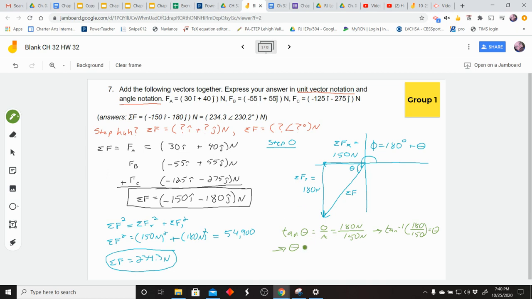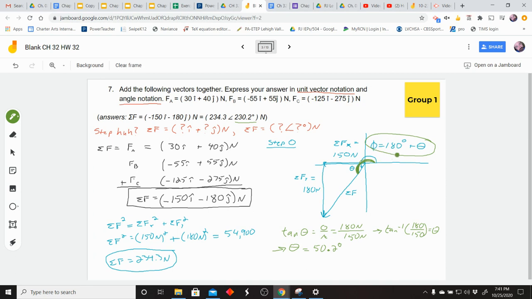So yeah, you do this, and what angle do you get? You get 50.19 something, so let's call it 50.2 degrees. If you check the final answer, that's not the right answer, but remember what's going on here. 50.2 degrees is this angle in here, and we have to express our angle from all the way back to here, which means we're going to use this idea.